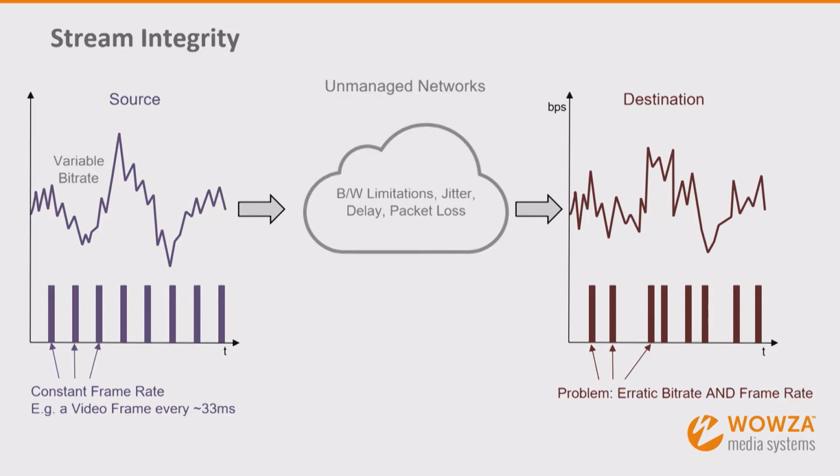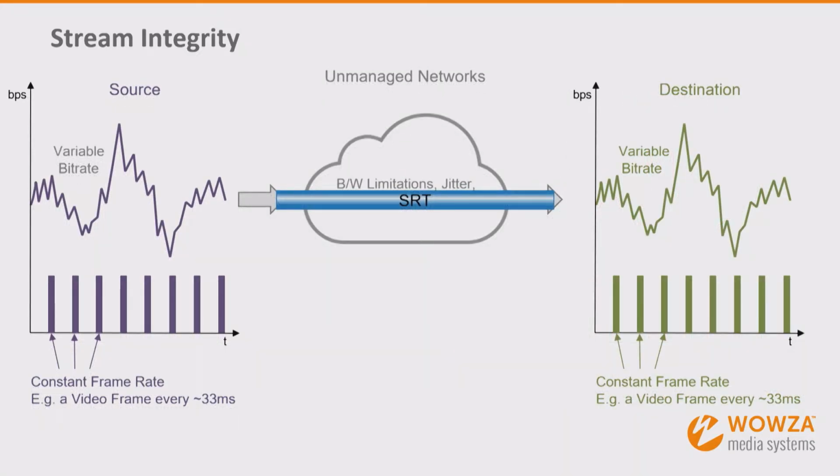They don't like erratic bit rates. They don't like erratic frame rates. They certainly don't like packets arriving out of order. So one of the problems that SRT solves is that with selective packet reordering and timestamping, you can reconstruct the stream to recreate your existing shape on the outbound side. So you've got the benefits of recovering from your bandwidth and jitter issues, but you also have a happy decoder on the other side.